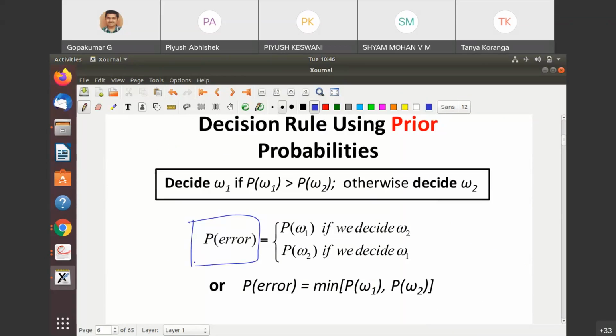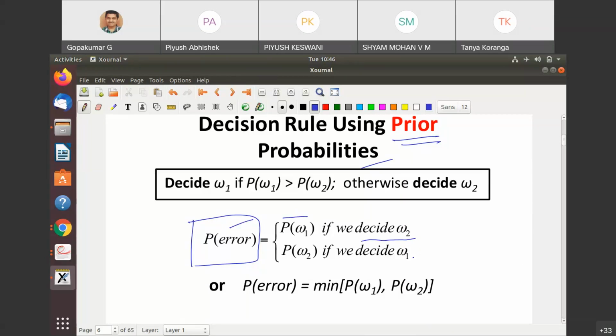Suppose we wrongly predict using the prior probabilities alone. Suppose we decide w2 but originally the class is actually w1. In that case the probability of w1 is going to be the probability of error.